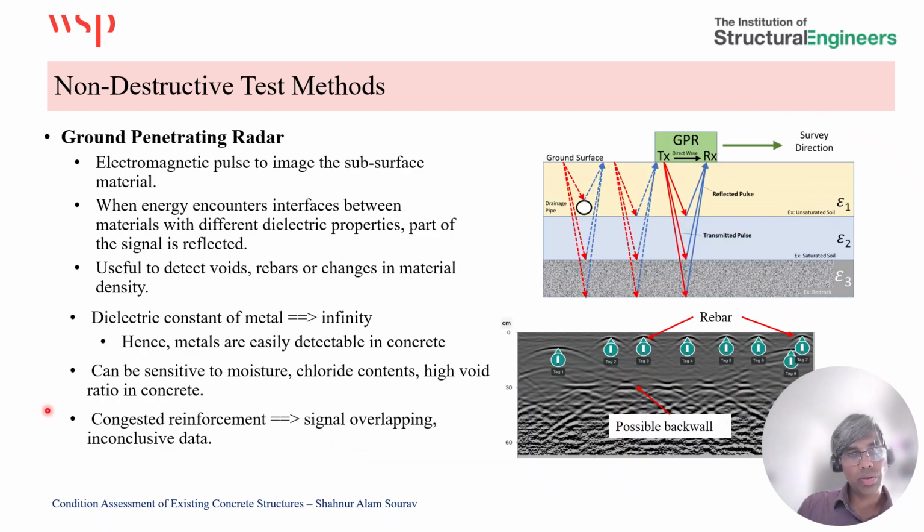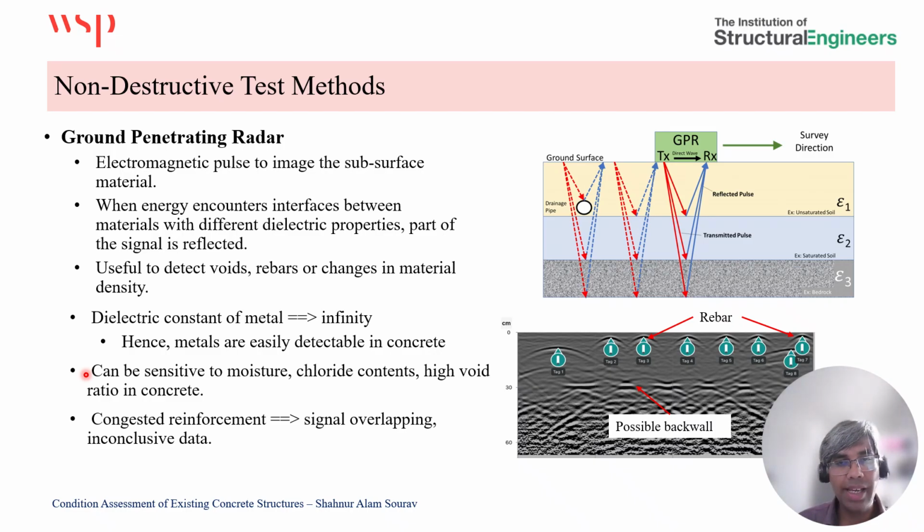Here's the next slide. I'll go through this slide pretty quickly. This slide shows how GPR works. GPR works based on an electromagnetic pulse, so it can be used to image the surface, anything below the concrete or anything below the soil.